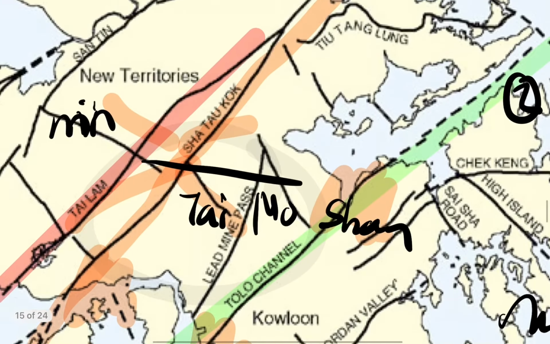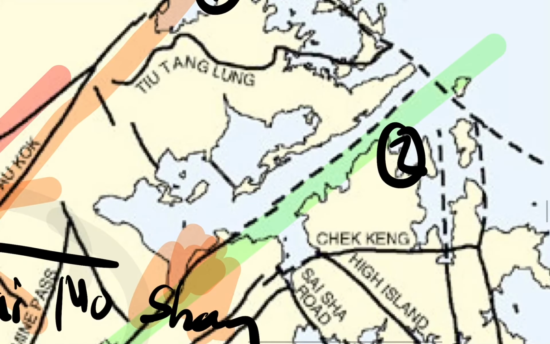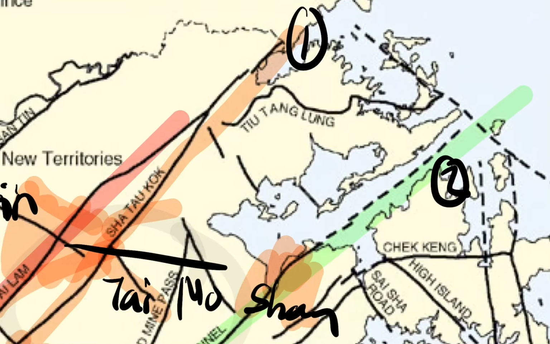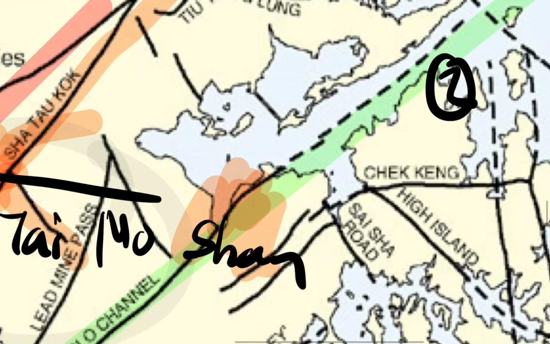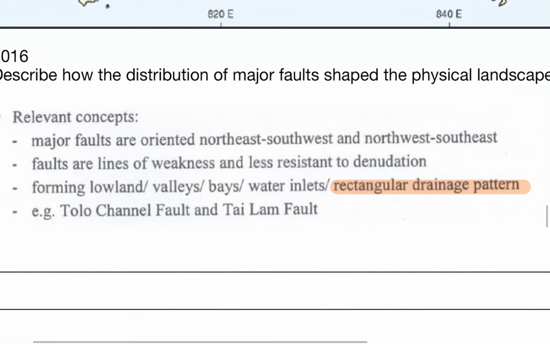The Shatin Valley, the Kam Tin Valley, 唔記得咗點讀，中文我唔係好識。Also we can have a bay and valley. After that, we can find the lowland valley, and the bay and the rock intersect.